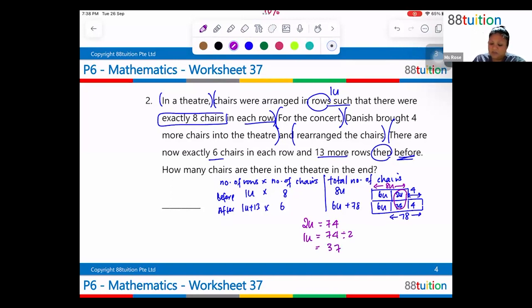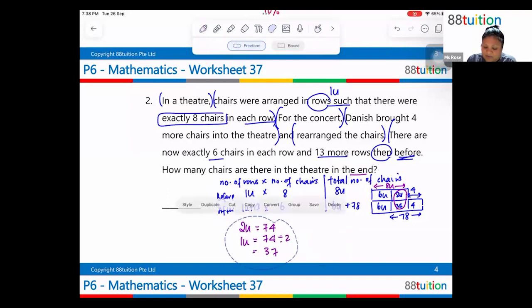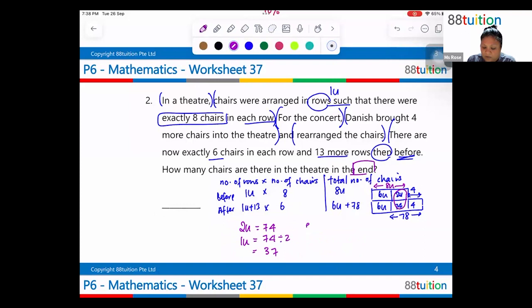How many chairs were there in the theater in the end? Now, this is the part where you can check your answer. They ask for the number of chairs in the end. So you either take 8 units times 37 and then remember to plus 4, because he brought 4 more chairs. This will give us 300.